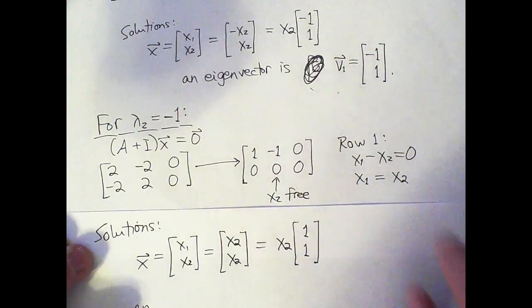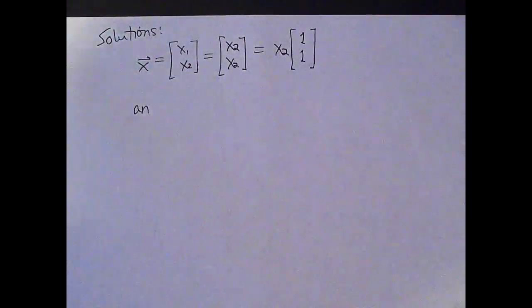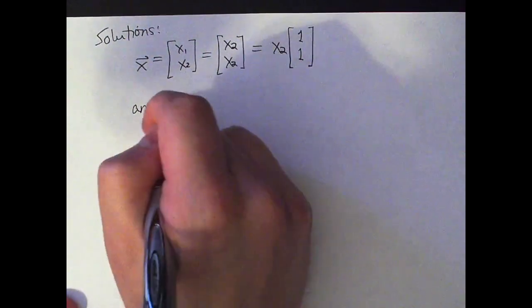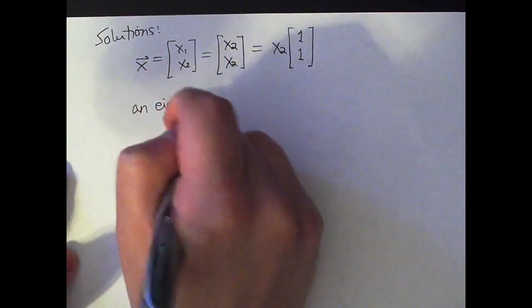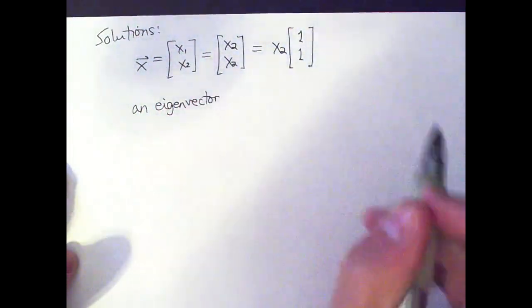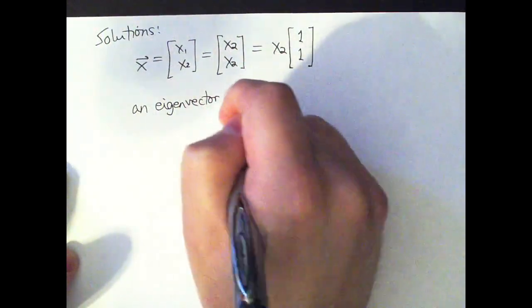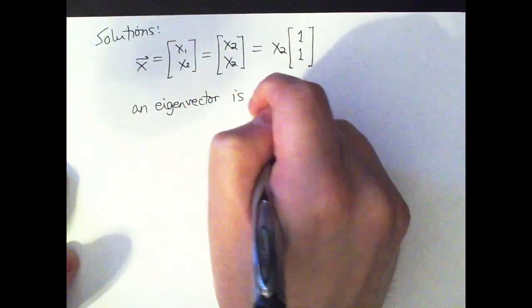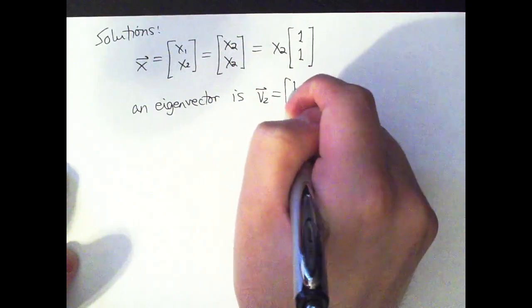So let's move this up. So that's an eigenvector, right? An eigenvector corresponding to this eigenvalue is v2 equals (1, 1).